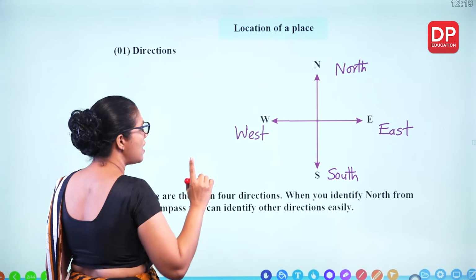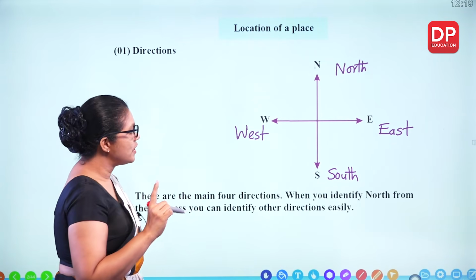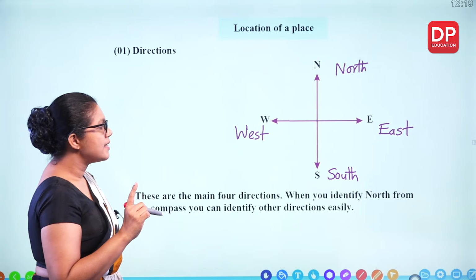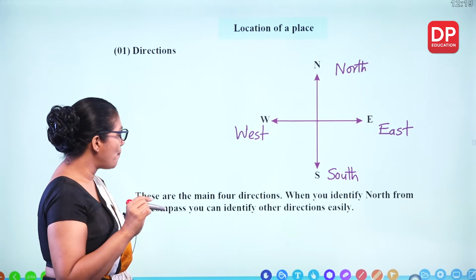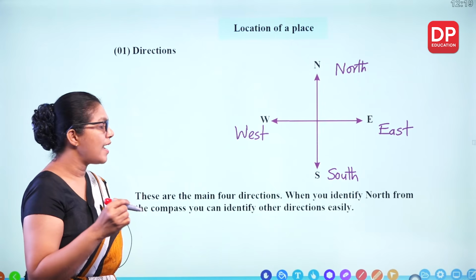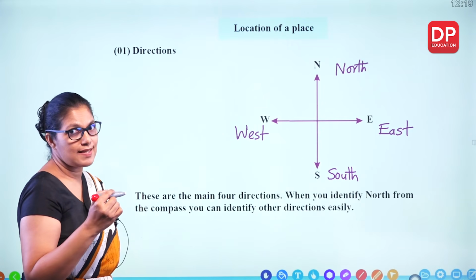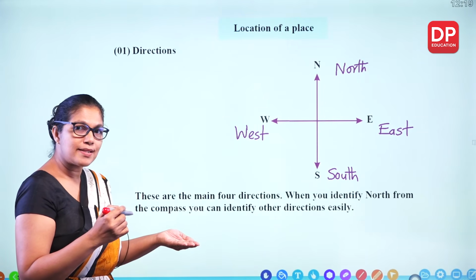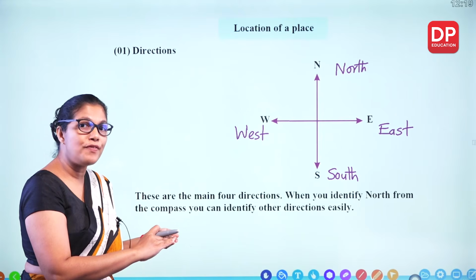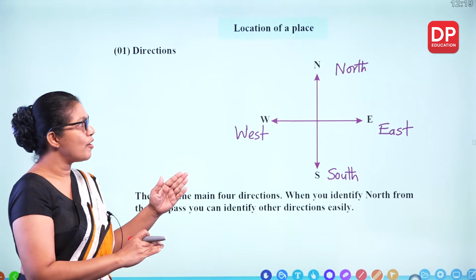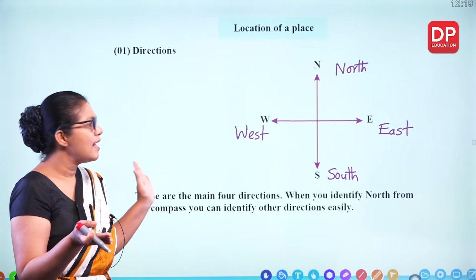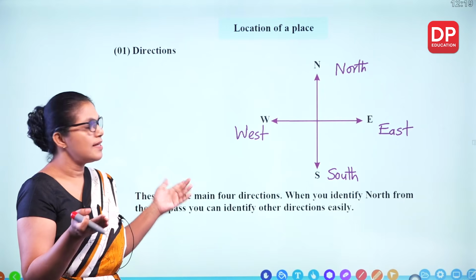So these are the main 4 directions. When you identify north from the compass, you can identify other directions easily. So when you take a compass, you can identify the north direction. Depending on north, you can identify the other directions, west, east and south.